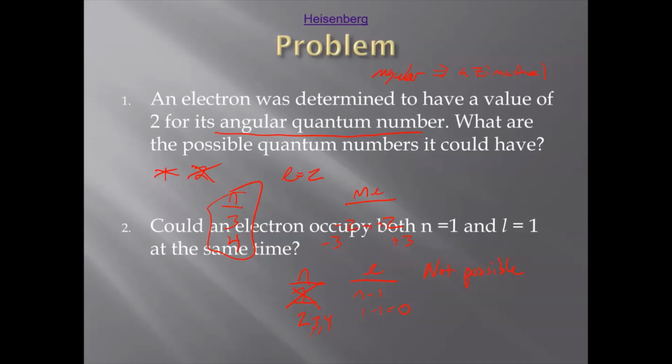So N is your principal quantum number, L is your angular azimuthal quantum number, and then M sub L is your magnetic quantum number. Again, the magnetic is how it spins on the different axes, X, Y, and Z.